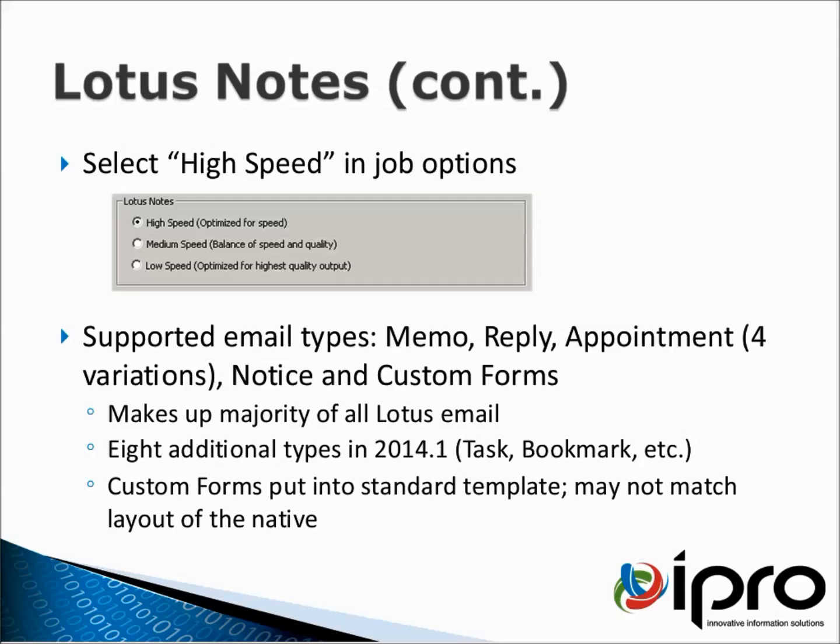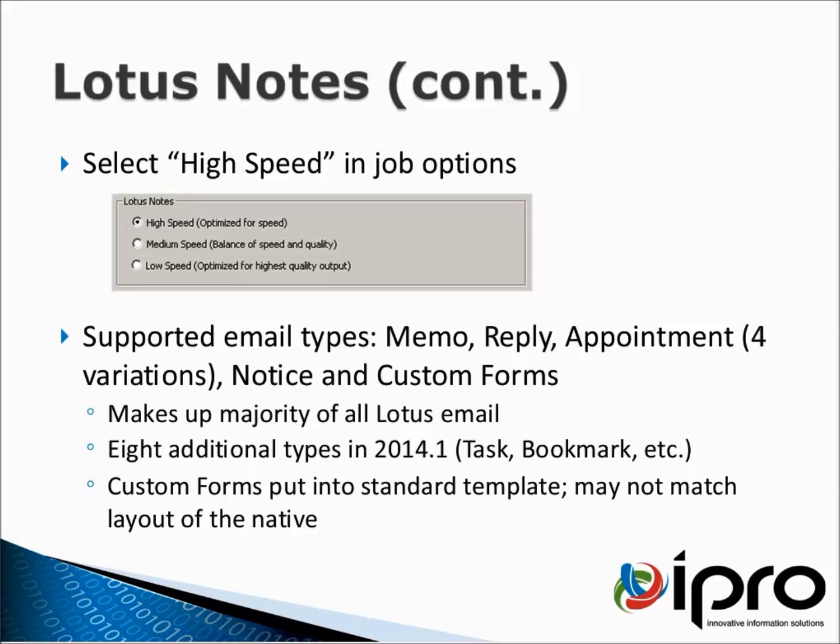A screenshot is displayed now of those 3 options that I described. The high-speed method is the new and improved option for handling of Lotus Notes. Medium speed was truthfully the 2013 version, or ESI method of handling, and low speed is our traditional older method of processing Lotus Notes data using the UI of Lotus.